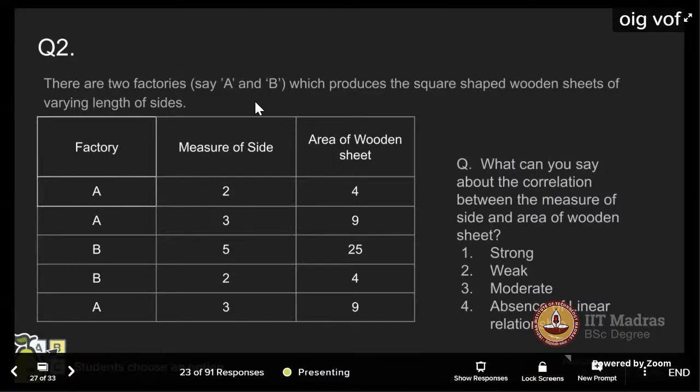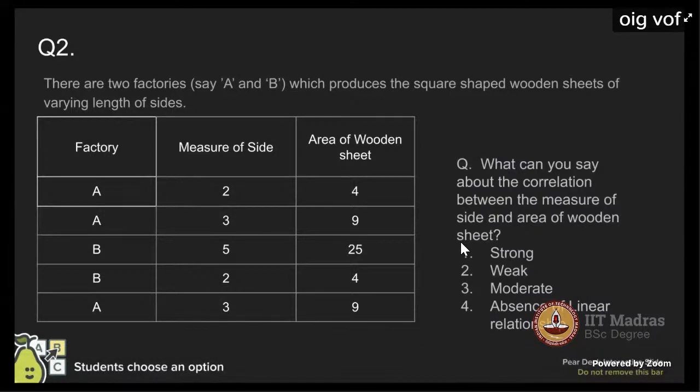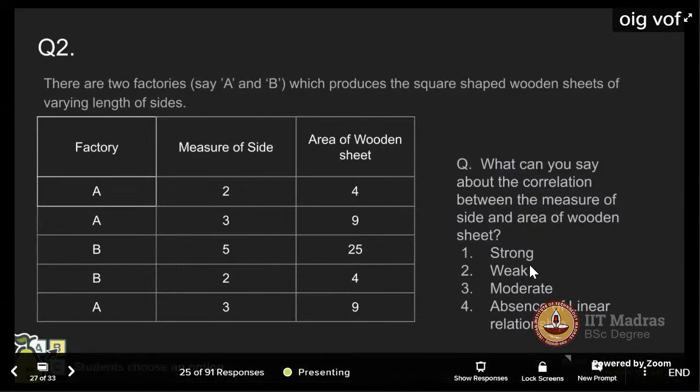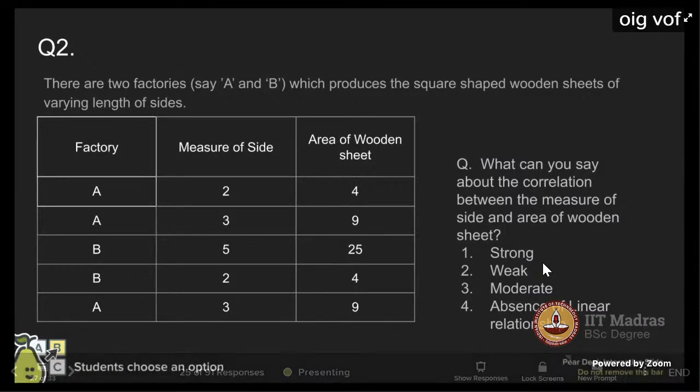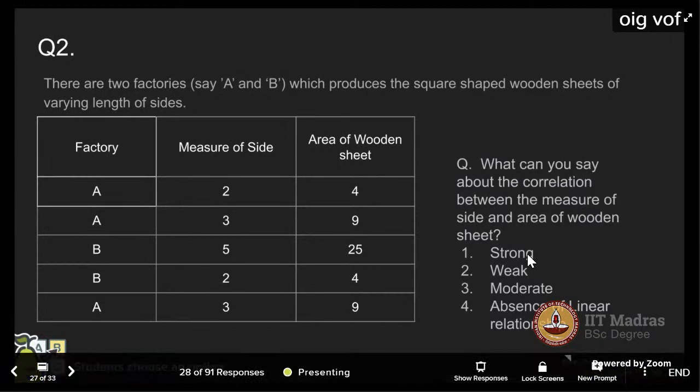Sir, can you repeat it again? If the absolute value of the correlation coefficient is between 0.75 and 1, you say it's a strong correlation. Whether positive or negative, you look at the absolute value. If it's between 0.5 and 0.75, it's moderate. If it's 0.25 to 0.50, it's a weak correlation.